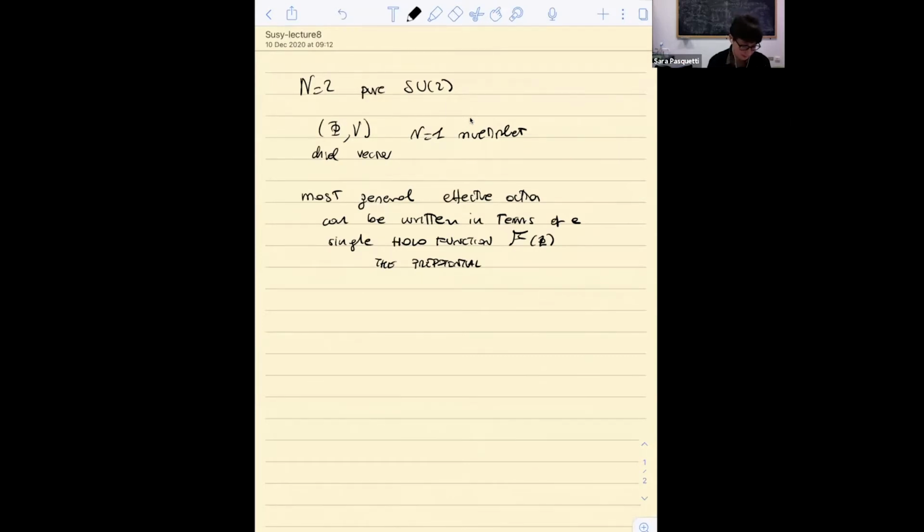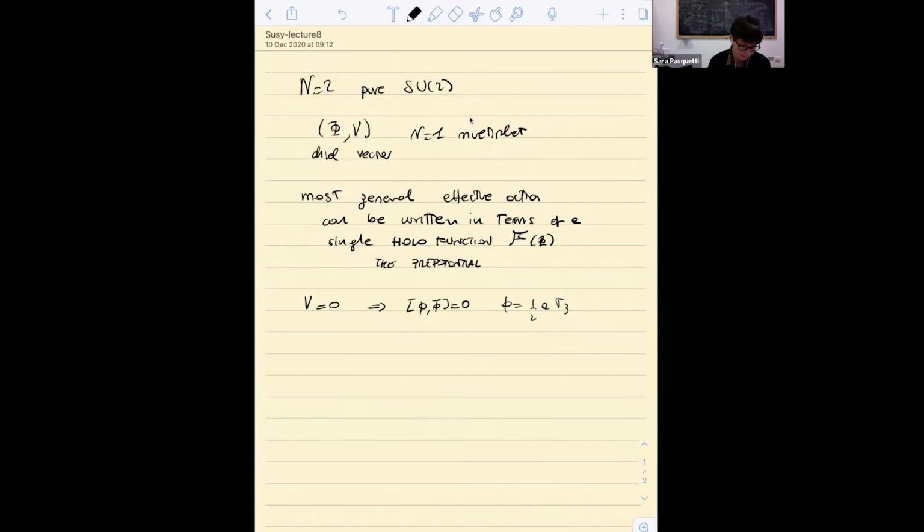So we saw that this theory, the N=2 Super-Yang-Mills theory, has vacua, which are characterized by the VEVs of the scalar in the chiral multiplet, which can be, in the SU(2) case, diagonalized to a traceless matrix, proportional to sigma 3.